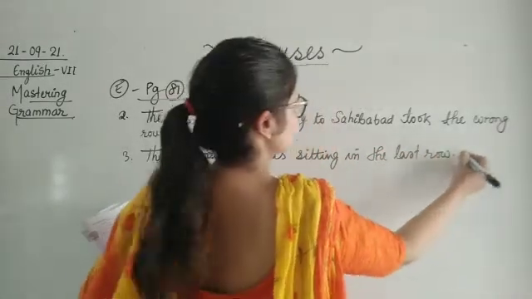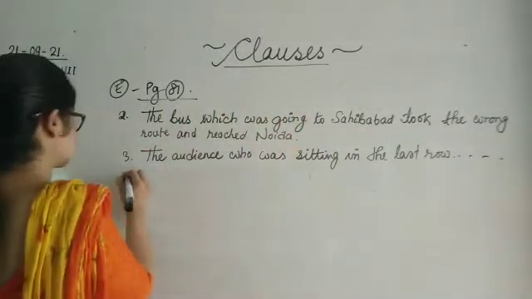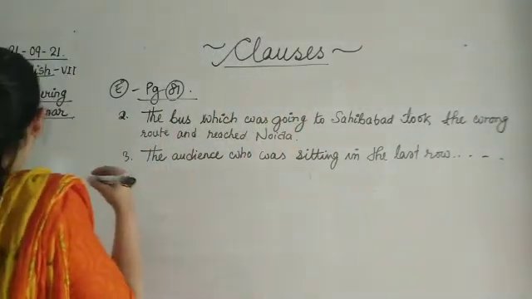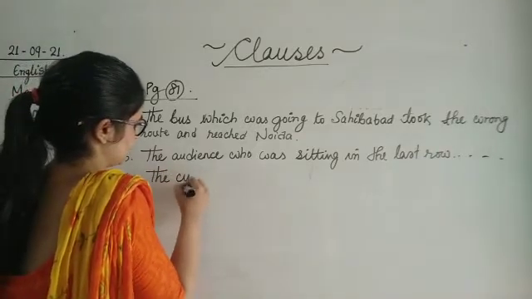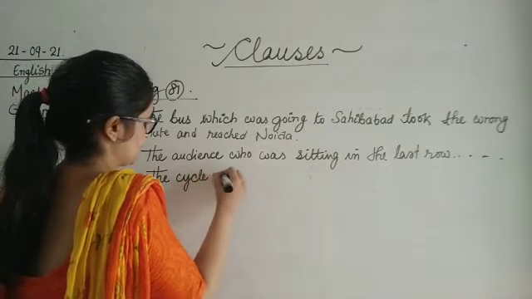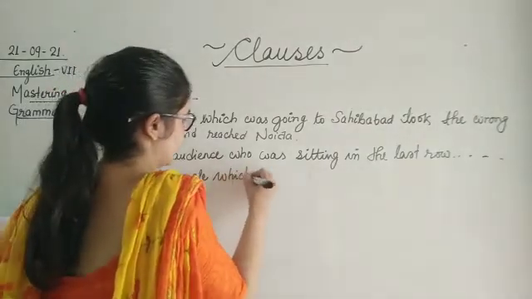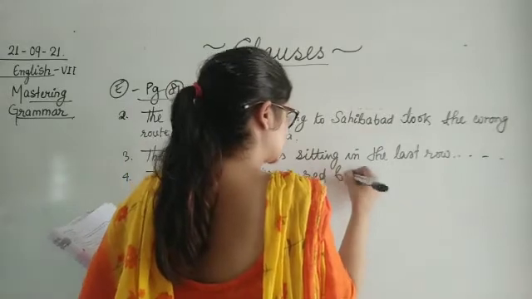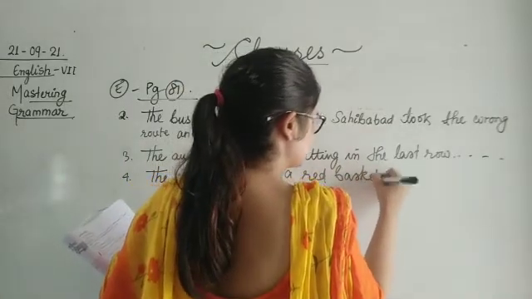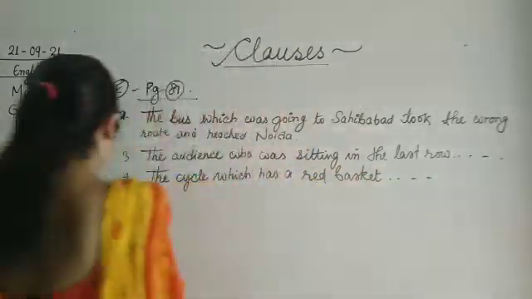Okay children, now after that you have to write the sentence words which follow. The cycle with a red basket. The cycle which has a red basket is mine. Okay, after this children you are going to write the same thing.